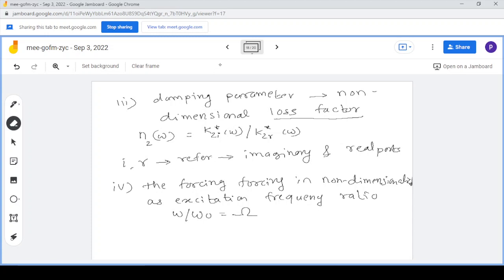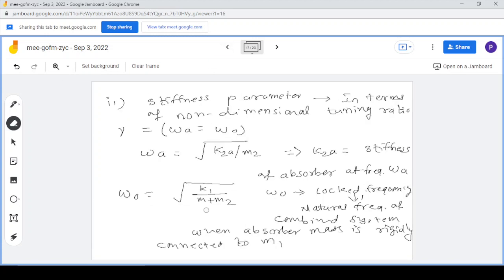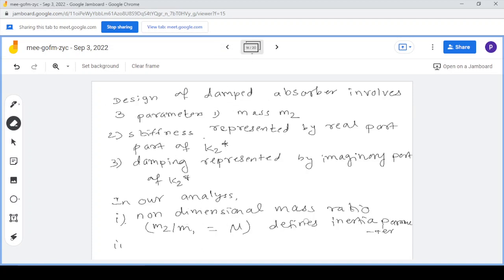Which are the four factors we are going to consider? First is the non-dimensional mass ratio M2 by M1, which is mu, and it defines the inertia parameter, right?